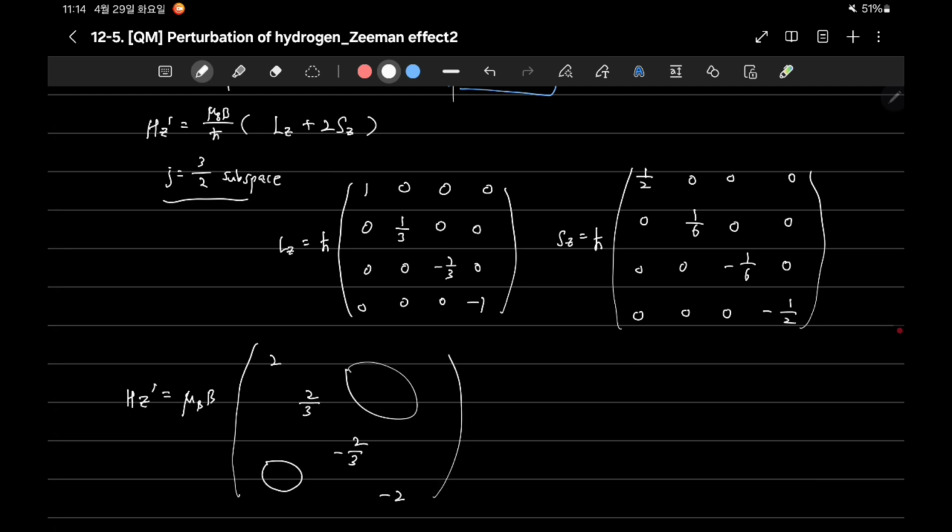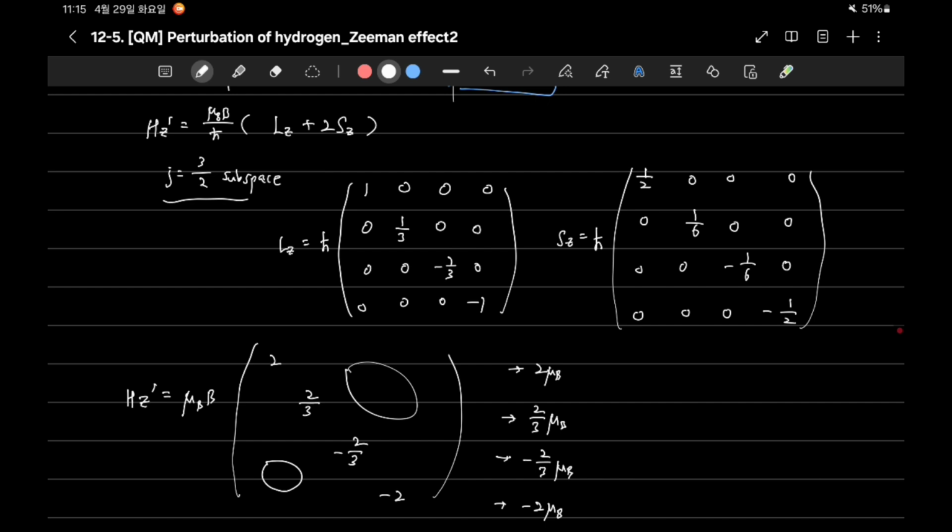It is the perturbed Hamiltonian. It means that there are Zeeman energy shifts: one is 2 mu B, then 2/3 mu B, minus 2/3 mu B, and minus 2 mu B. And there are four kinds of energy level splitting.